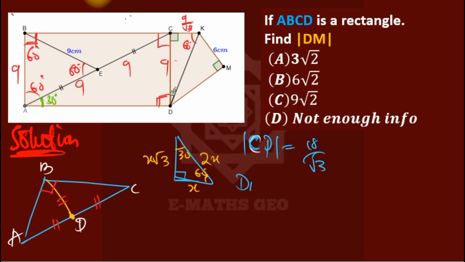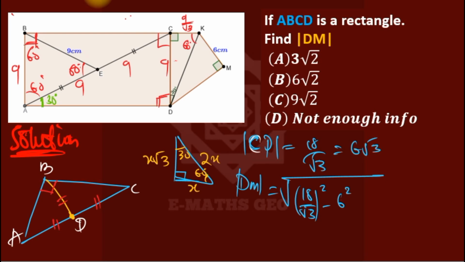So DM will now be the square root of the difference of the hypotenuse squared minus 6 squared, that's Pythagorean theorem. Meanwhile, 18 over root 3 is 6 root 3. So this should be 6 root 3 all squared minus 6 squared.